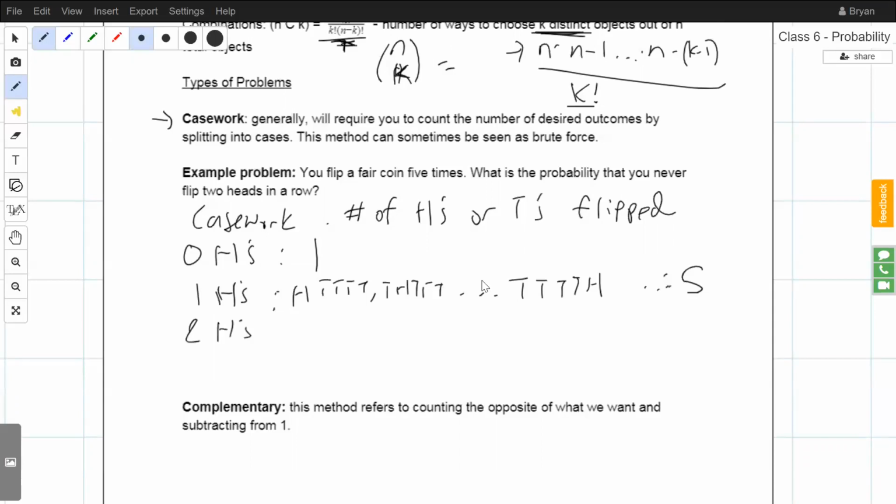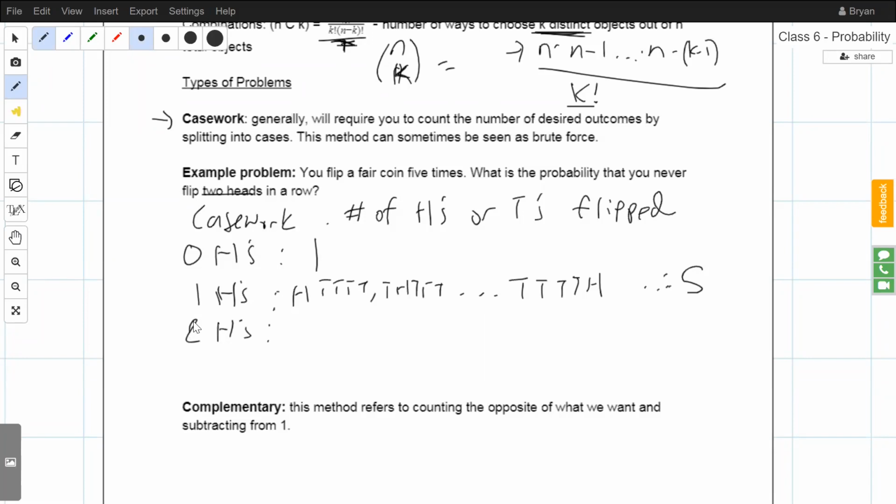And another case is 2 heads. And this is where we have to be careful, because we can't flip 2 heads in a row. Since the numbers are small here, you can just list out all the possible ways this can happen.